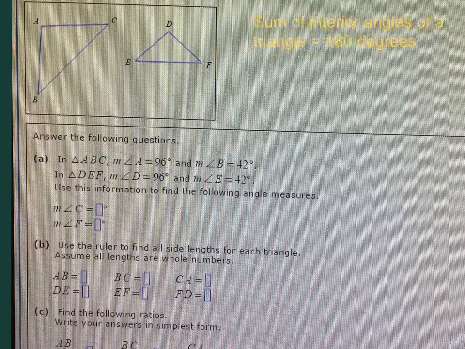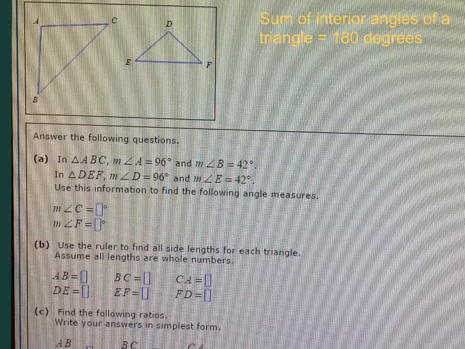So we know that if I add up this and this, I'll get 180 degrees, right? So we know that based upon the rule.